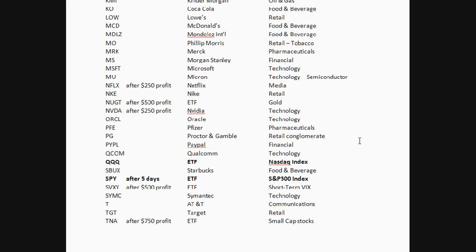Now, in addition to these stocks and ETFs, we've got two that represent the whole market. We've got the Qs, symbol is QQQ, we just call them the Qs, and this represents the NASDAQ Composite Index. So the NASDAQ Composite Index represents all the stocks and how they're moving in the NASDAQ.